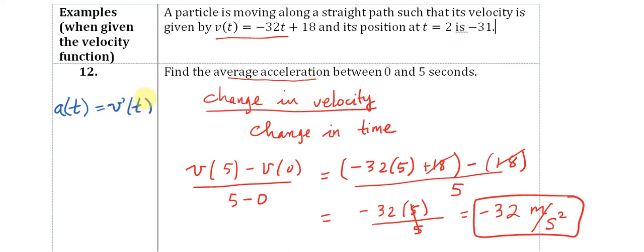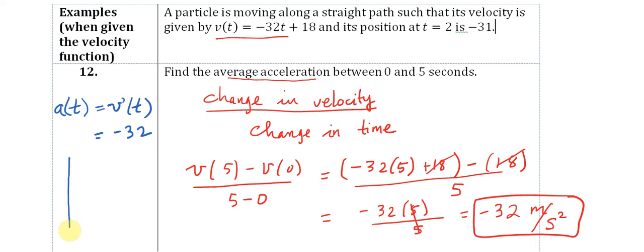The derivative of the velocity function is nothing more than negative 32. So what that means is that the acceleration at all points in time, at all possible moments, is always negative 32. So the average acceleration will always be negative 32, because acceleration here is a constant, right?